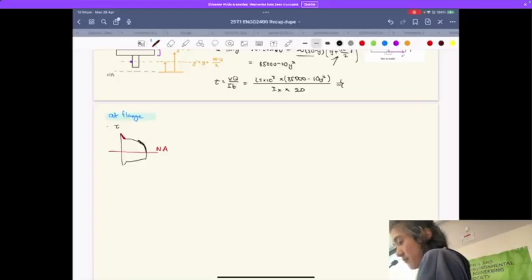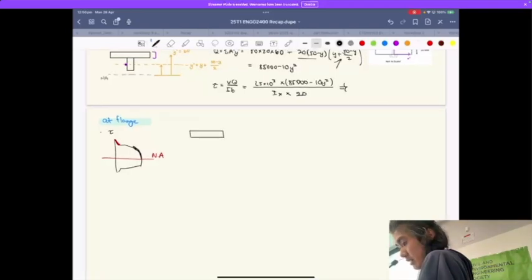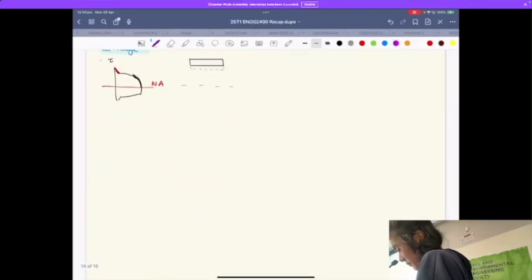So now you have something that looks like this. And let's say that this is the neutral axis. And essentially, this is like if the flange was cut, by the way. Like that distance isn't 20. Yeah, it's not 20.